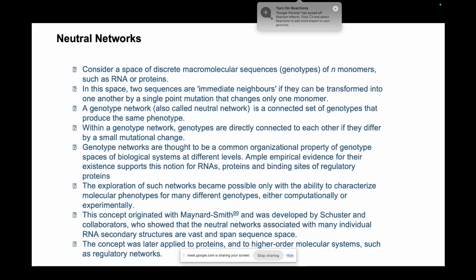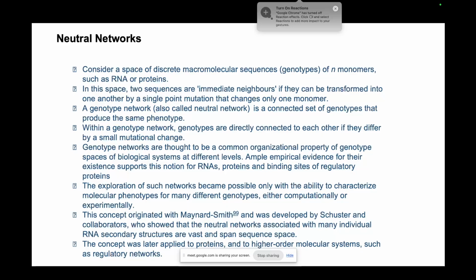These genotype networks are thought to be a common organizational property of genotype spaces of biological systems at different levels. There has been ample empirical evidence for their existence, supporting the notion for RNAs, proteins, or binding sites of regulatory proteins, etc., to be grouped under the similar concept of a genotype network.